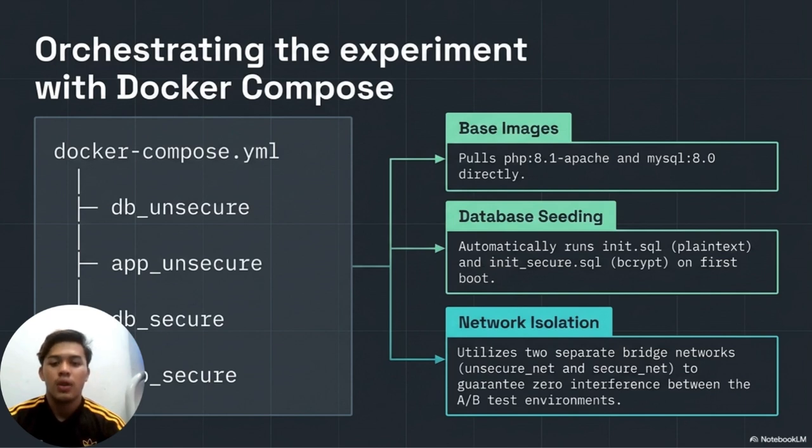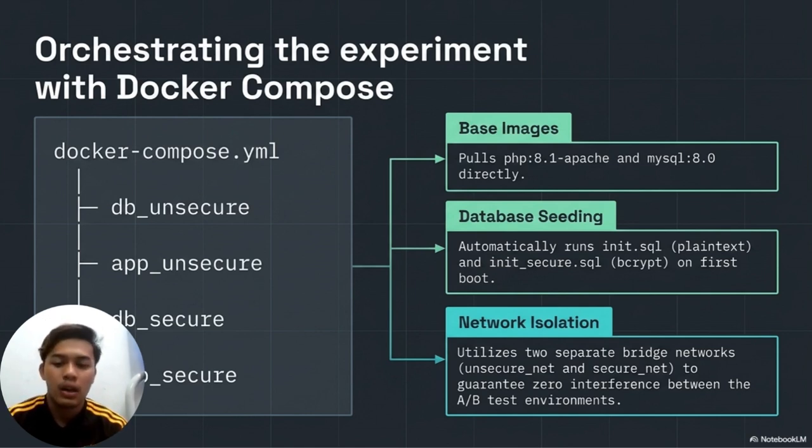So, to ensure both environments run consistently, we deployed the project using Docker Compose. Four containers were created, two for the vulnerable system and two for the secure system, each with its own application and database.